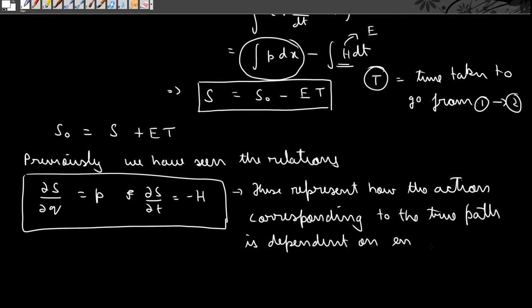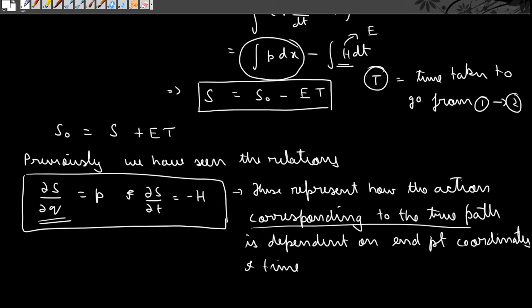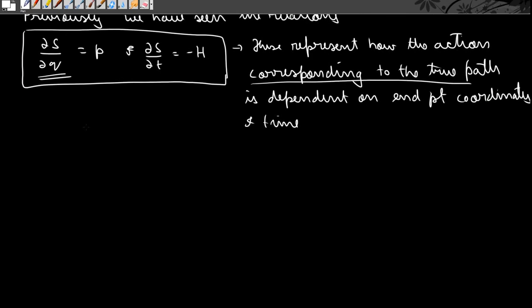So remember, these relations are valid only when we take this derivative of S corresponding to the correct path. So what this means is the following.